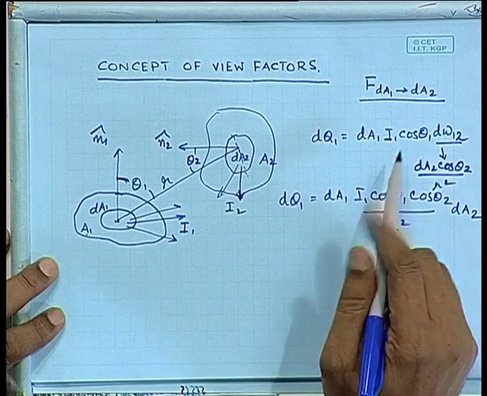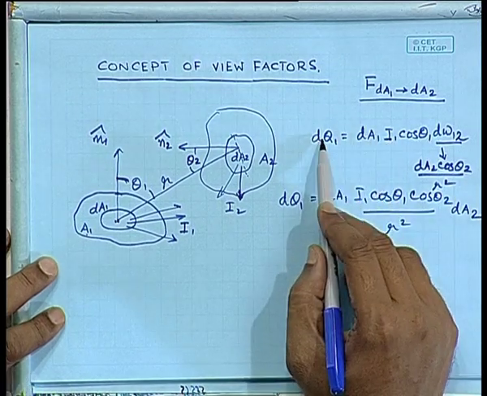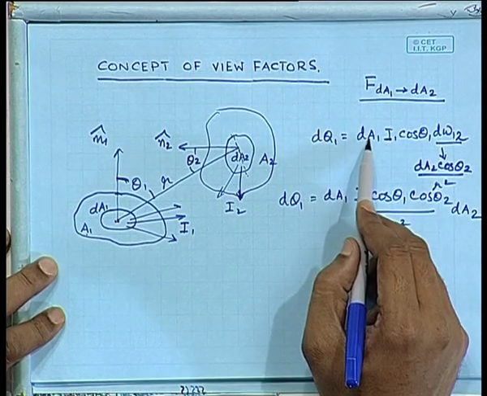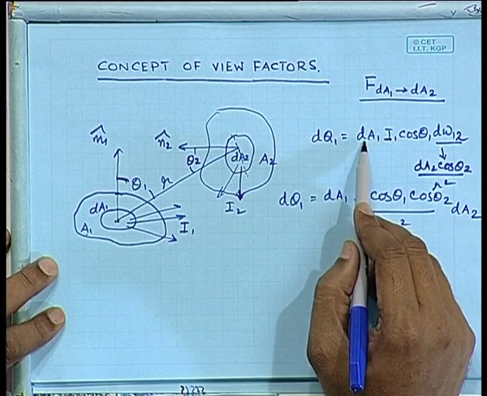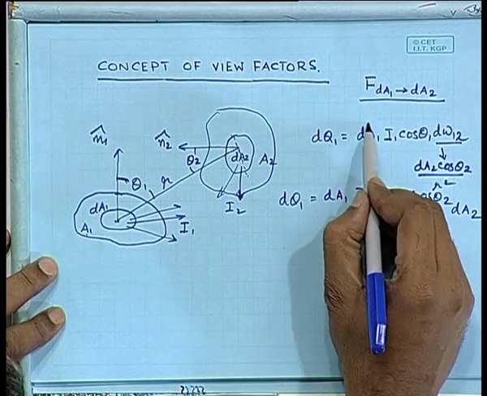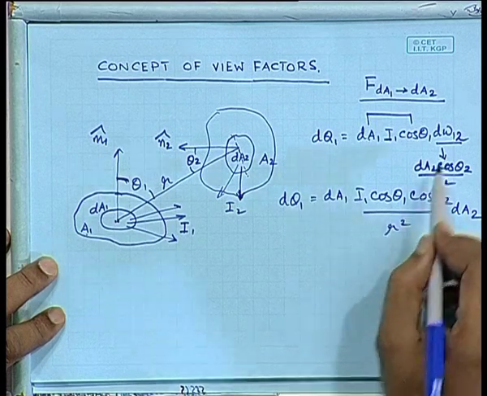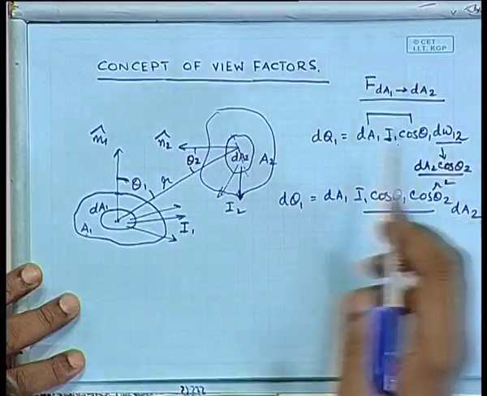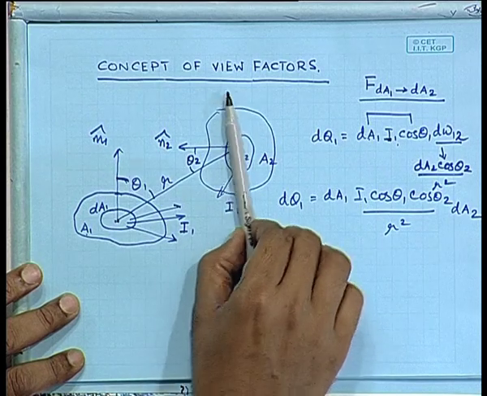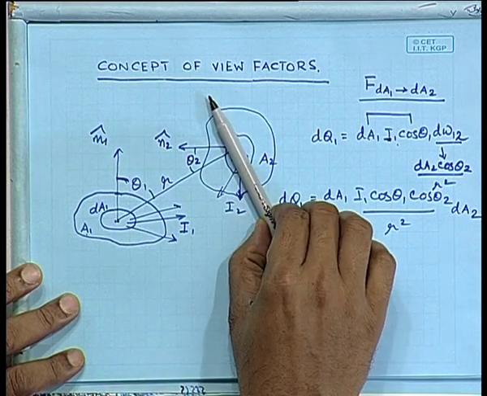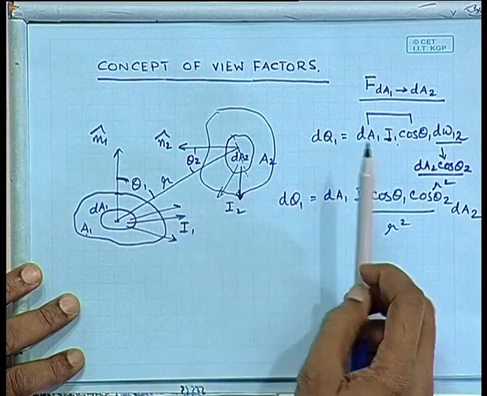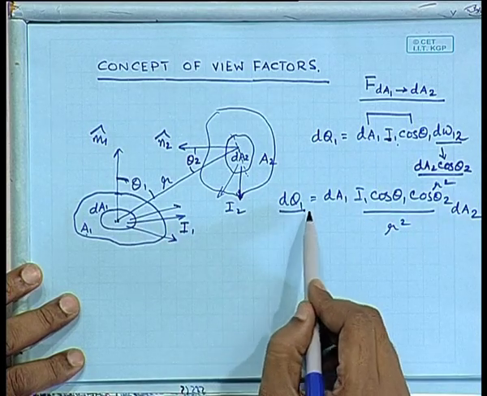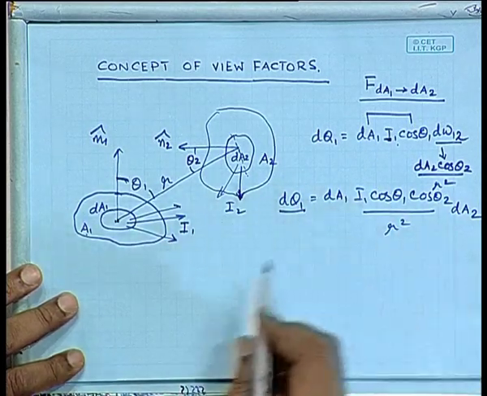I have just used the intensity definition, which is energy per unit area normal to the direction of propagation, so which is dA1 cos theta 1, per unit solid angle. That is the definition of intensity I which I have used in this development, and d omega would simply be the area perpendicular to the line joining the two divided by r square. So, the total amount of energy is simply going to be this one.